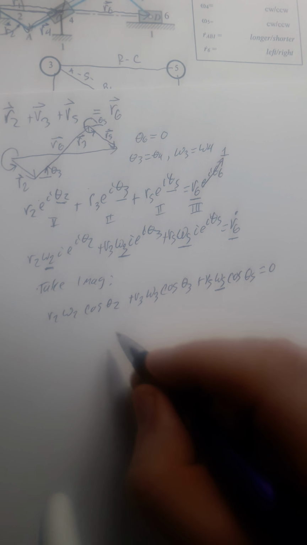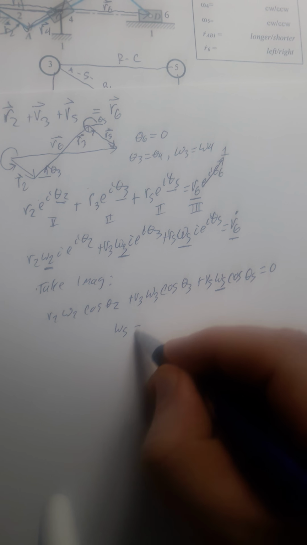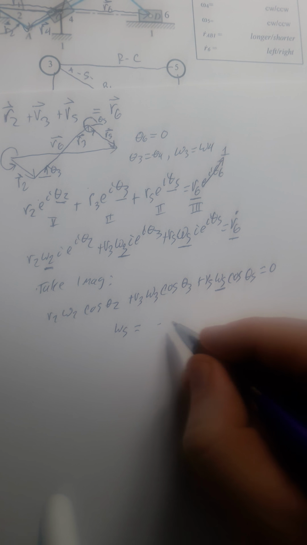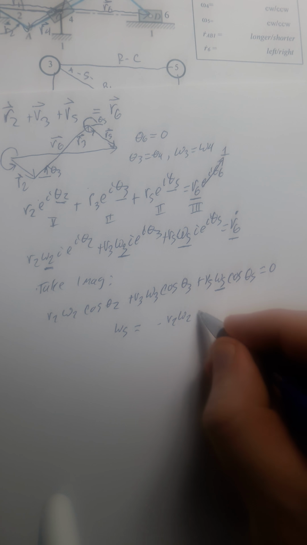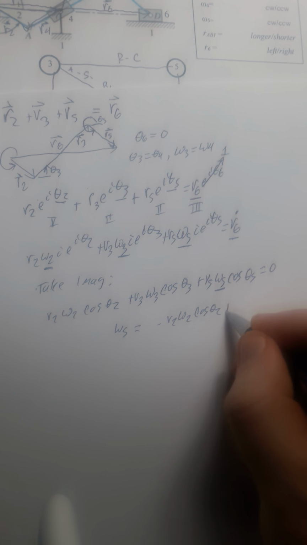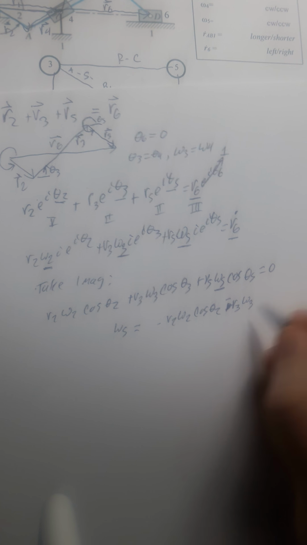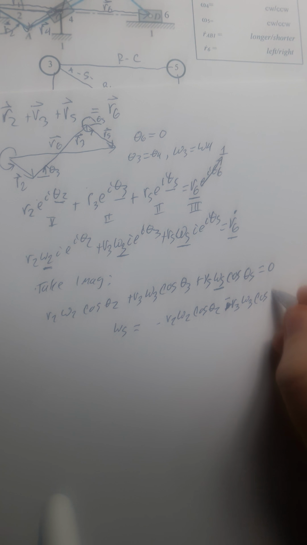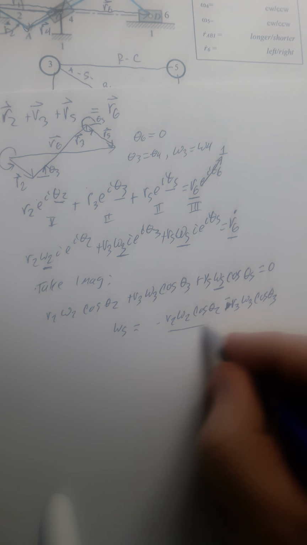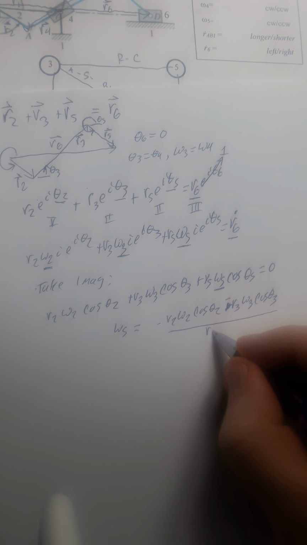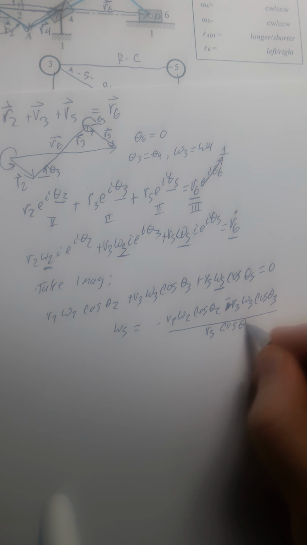So we can rearrange that and get omega 5 is equal to minus R2 omega 2 cosine theta 2 minus R3 omega 3 cosine theta 3, and all that's divided by R5 cosine theta 5.